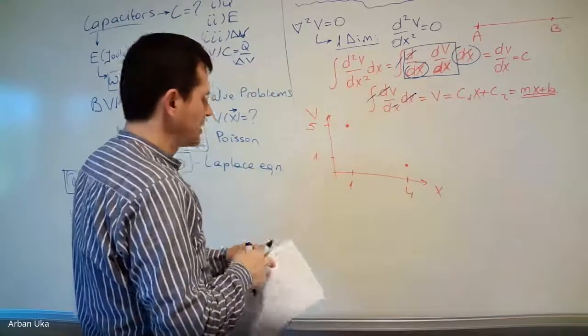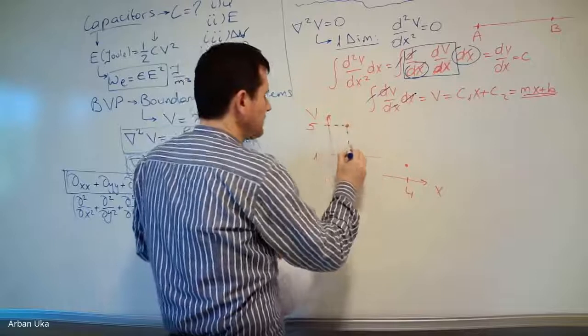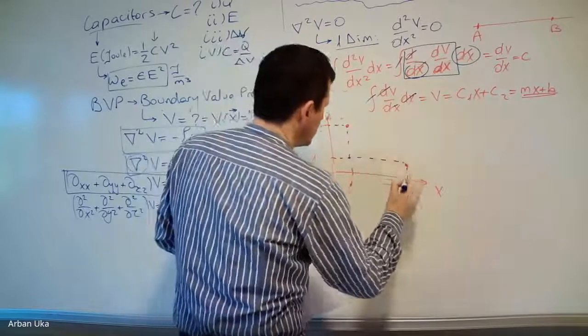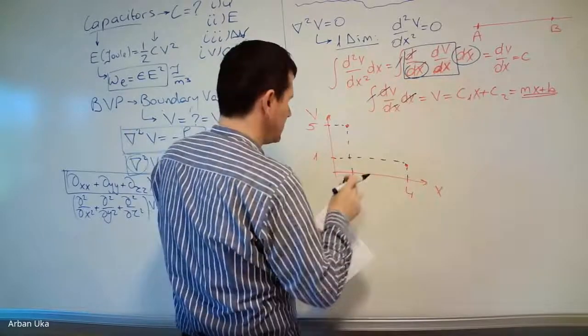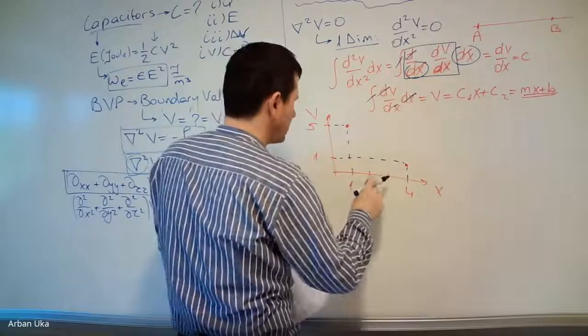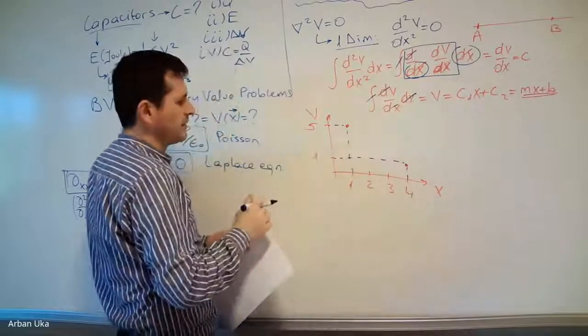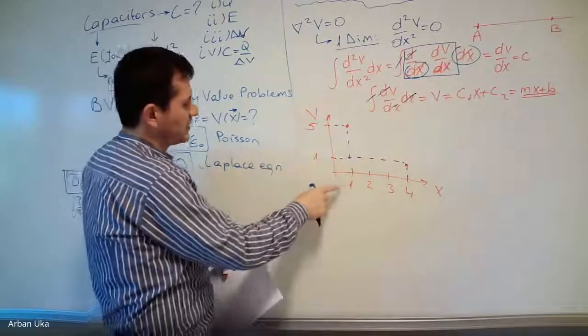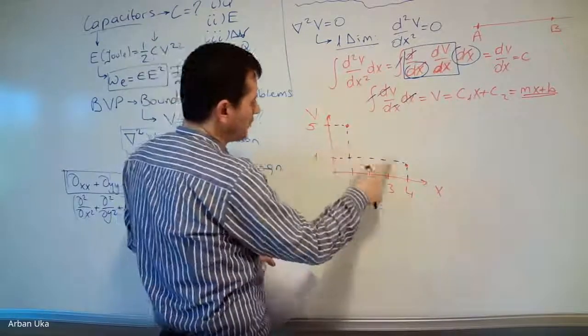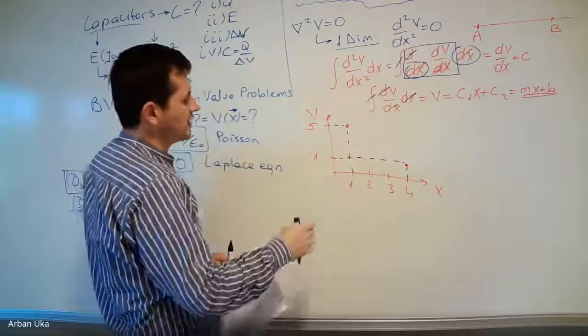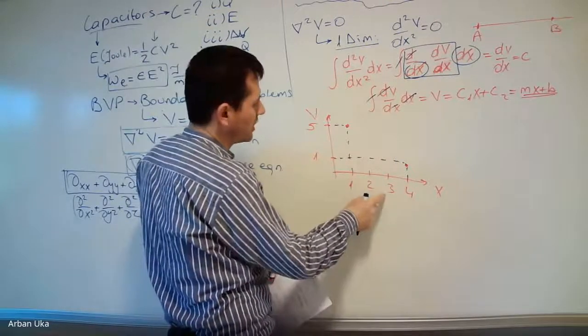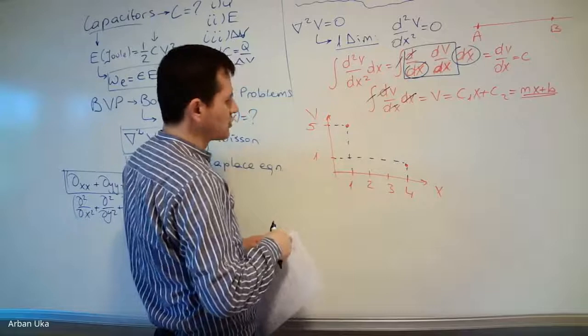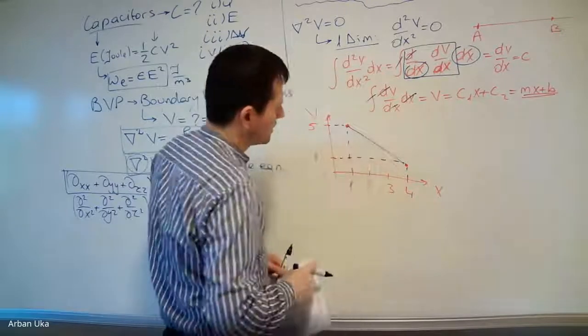Okay, so this is 1, 2, 3, 4. So we know at 1 what the potential is, at 4 what the potential is. We need to find what the potential is when x is 2 and when x is 3. The solution here is going to be this line, okay?